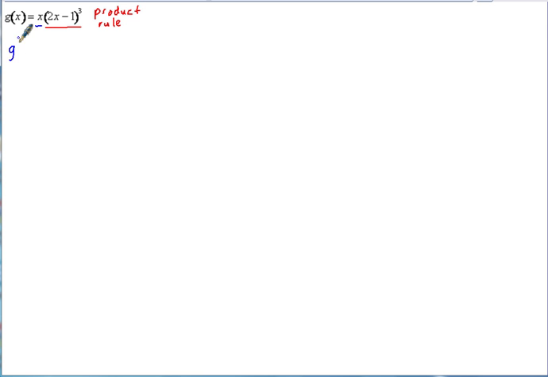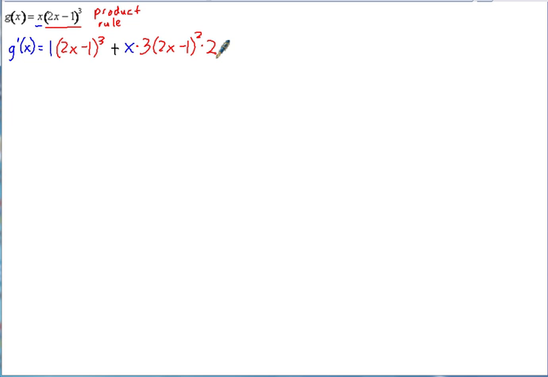So using the product rule to find g prime of x, take the derivative of the first one, derivative of x is 1, times the second one as it is, 2x minus 1 cubed, plus the first one as it is, which is x, times the derivative of the second one, using the power and chain rule there, would be 3 times 2x minus 1 squared, times, using the chain rule, the derivative of the inside function, 2x minus 1 is just 2.